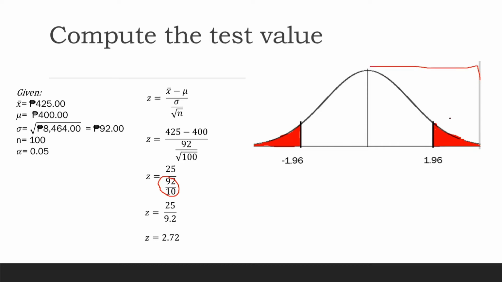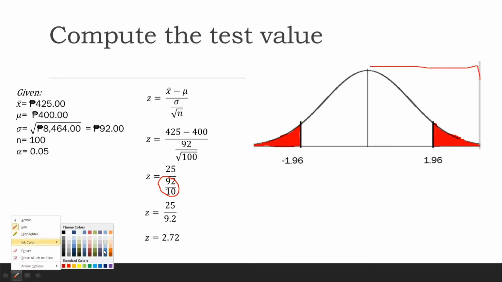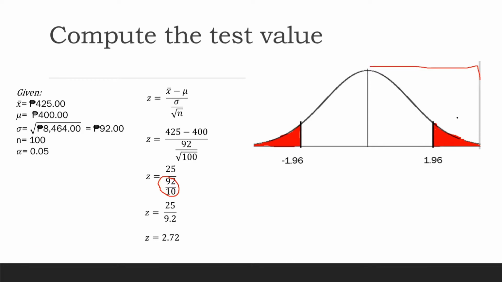And then, the positive 2.72 is nandito. So, let's say nandito yung ating 2.72. So, since nandito sa ating rejection region yung ating test value, then the null hypothesis is rejected.